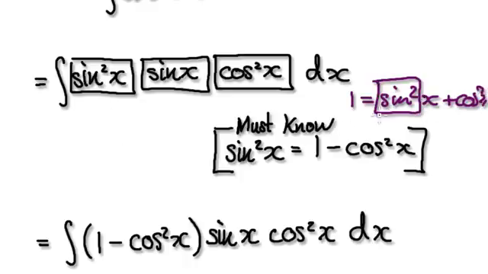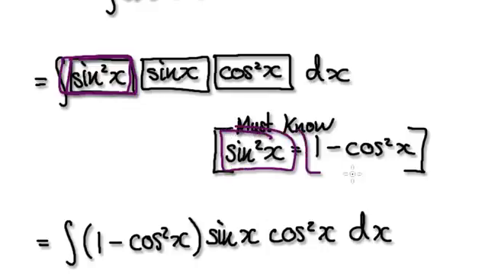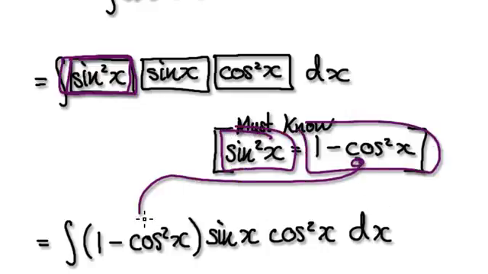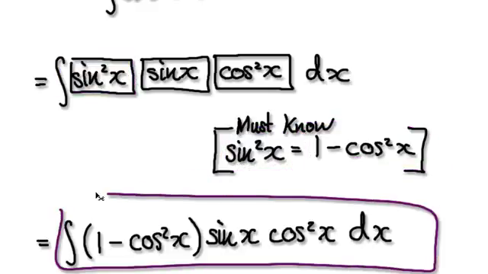If you want to replace sine squared, then move this across. If you want to replace cos squared, then rearrange it to make cos squared the subject. In this case, we want to rearrange it so that sine squared is the subject. So sine squared equals this thing here. Now put this thing into here, and that will take us to here.